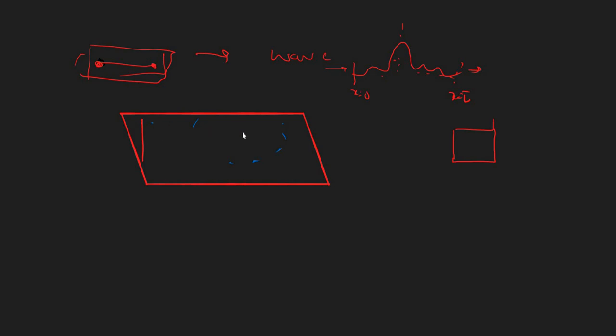There's a possibility it could be at any point. It could be here also, it could be here also. That is what we call a superposition.